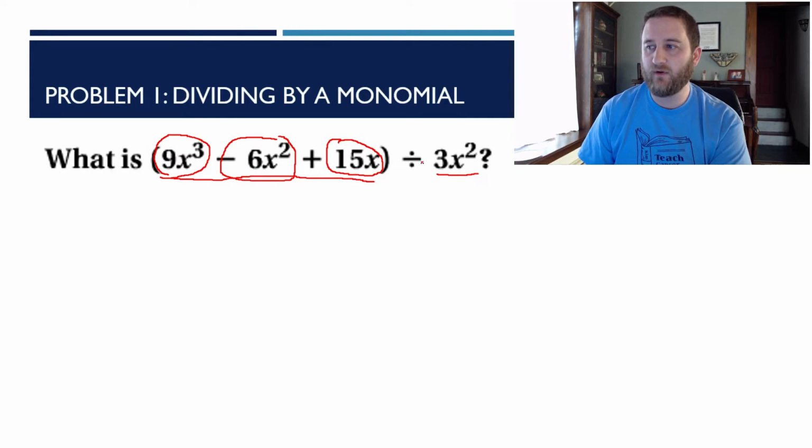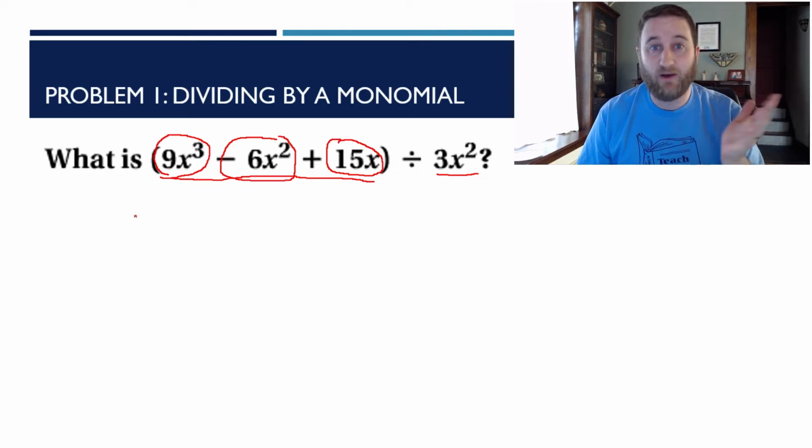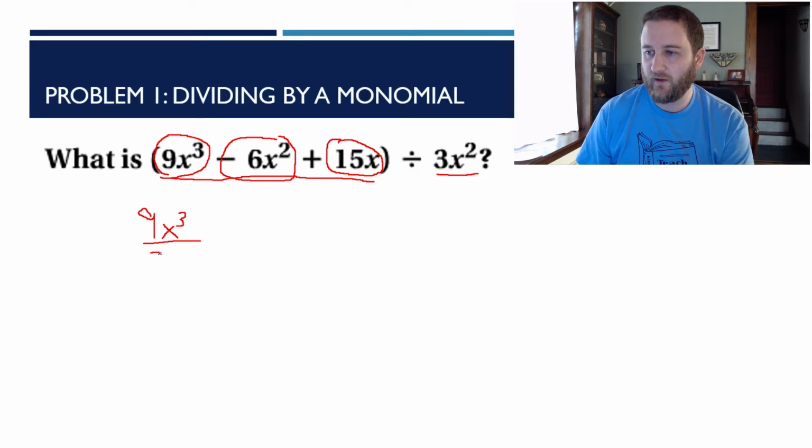So I'm going to rewrite them as fractions over 3x squared. You have to bear with me because writing with my mouse is not the easiest thing to do, but we're going to write this 9x cubed over the 3x squared.